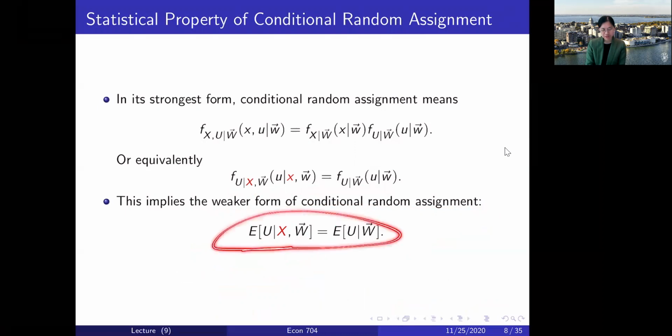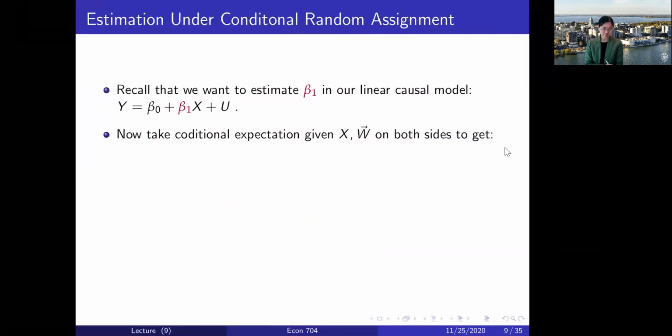Now we're going to use this weaker form of the conditional random assignment to derive a conditional mean model from the causal model. Recall that we want to estimate beta 1 from this causal model. Now we want to derive a conditional mean model from it.